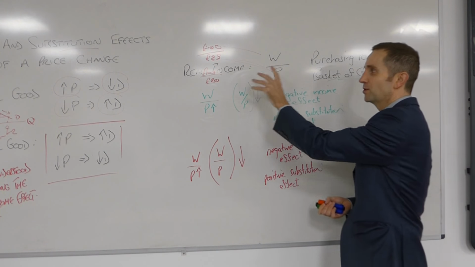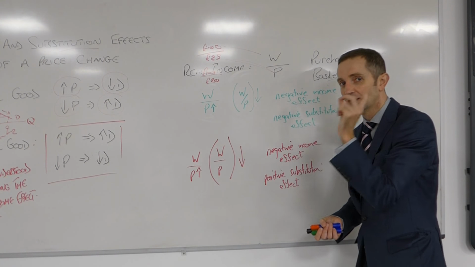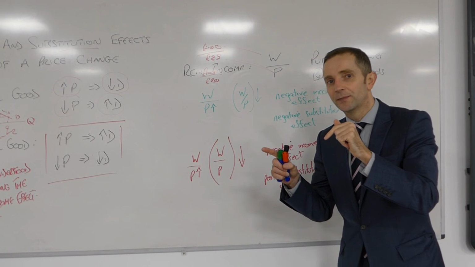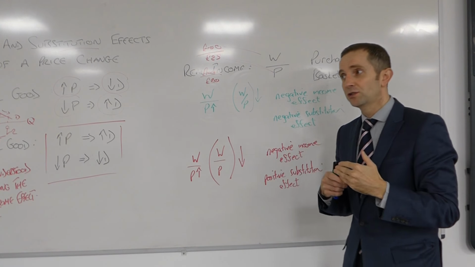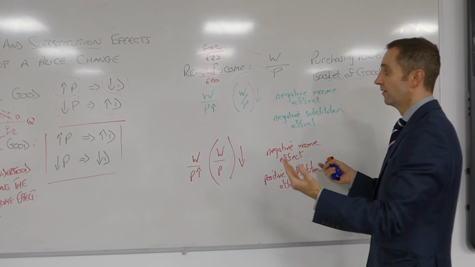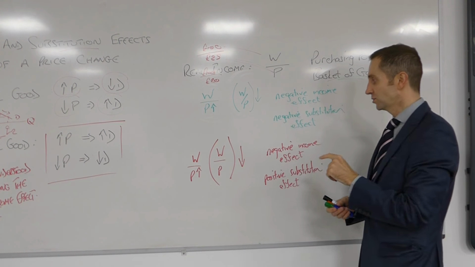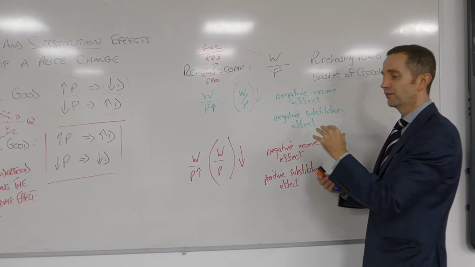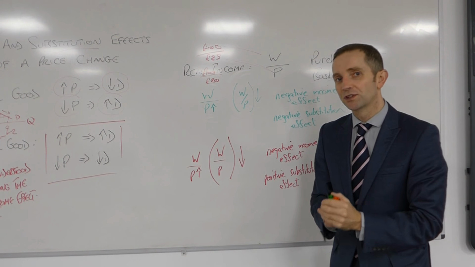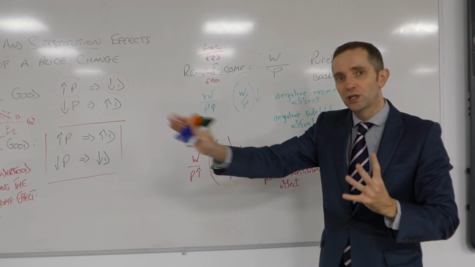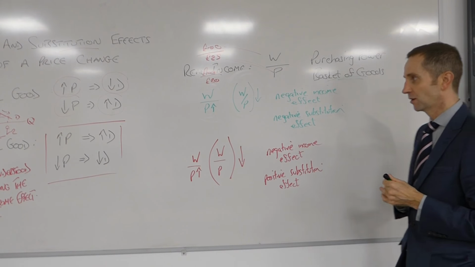And so for this particular good in question, the Next t-shirt, you buy less of it. You'll be substituting the Primark t-shirt or the Dunnes t-shirt in place of the Next t-shirt. And so again, the substitution effect here would be reinforcing that negative income effect. So you get 2 negative effects pushing back on the demand for this good.